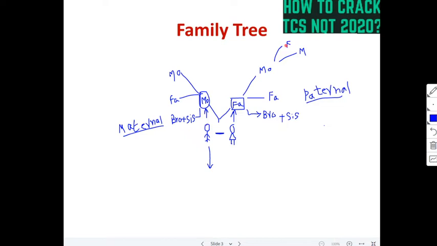Then we call them great grandfather and great grandmother. According to me, he is through father, so paternal great grandfather. Okay. Now suppose we have a brother and sister for my father. We call them aunt and uncle.